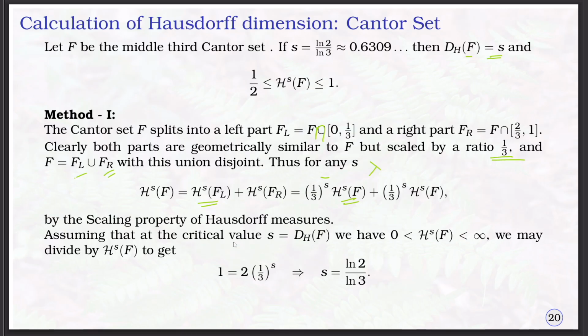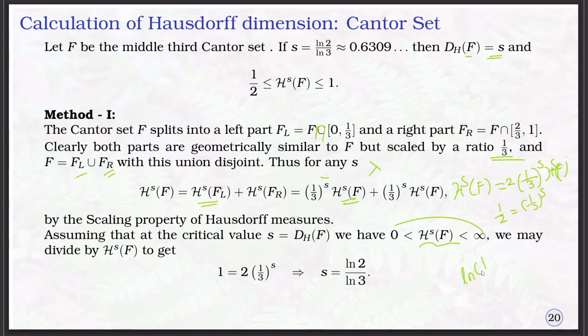Assuming that at the critical point s equals dimension_H of F, we know that H^s of F lies between 0 and infinity. We may divide by H^s of F. Here you can see we take (1/3)^s as common, giving 2 times (1/3)^s times H^s of F. Dividing both sides, one gets 1/2 = (1/3)^s.